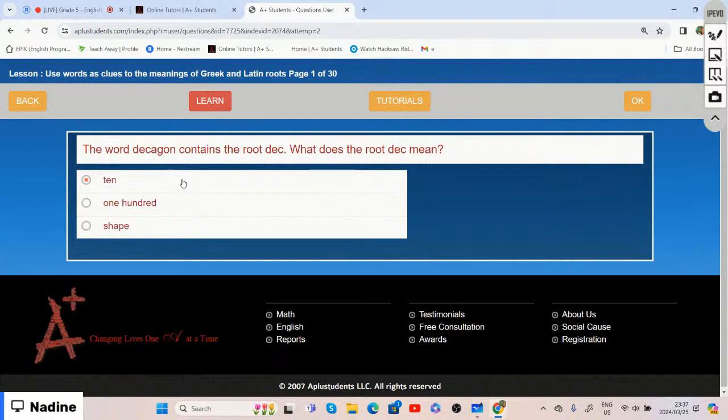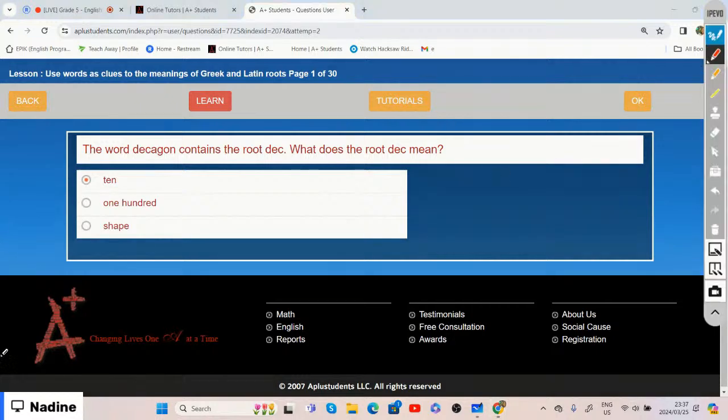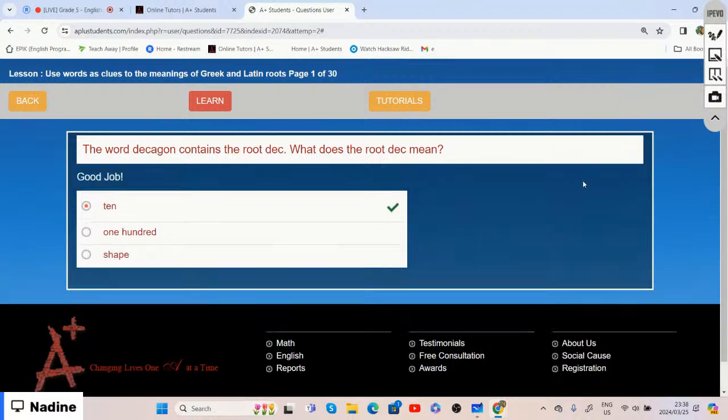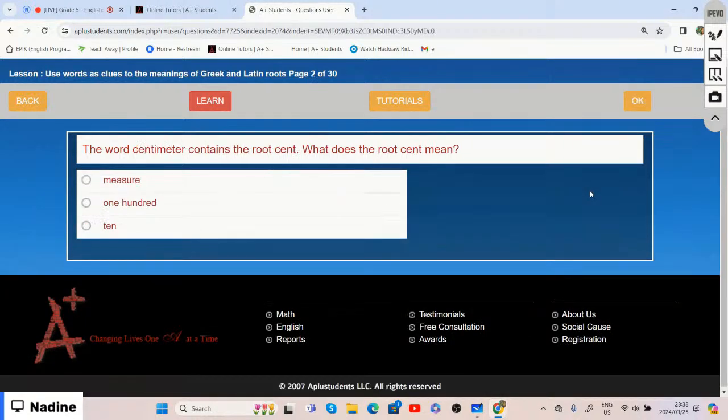So it is a shape, yes, but dec specifically means 10. And that is why you were saying that it makes you think of decade, which is to do with 10. The word decade also has the root dec in front, which means a period of 10 years. So we can say then dec means 10. Well done, everybody. 10 is correct.